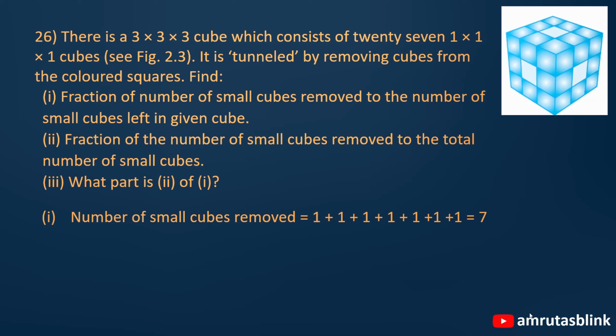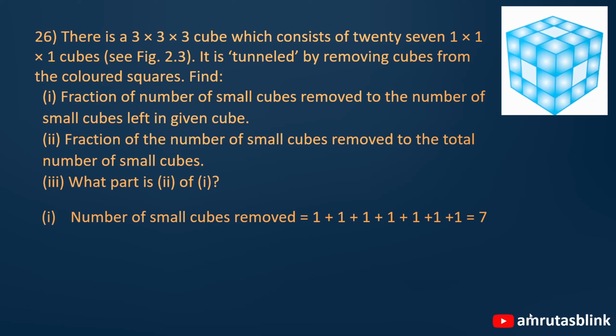Now this 3 by 3 by 3 cube is cut along the dimensions, that is 1 by 1 by 1. So length is divided into 3 parts, 1 unit each. Width is also divided into 3 parts, 1 unit each, and height is also divided into 3 parts, 1 unit each.